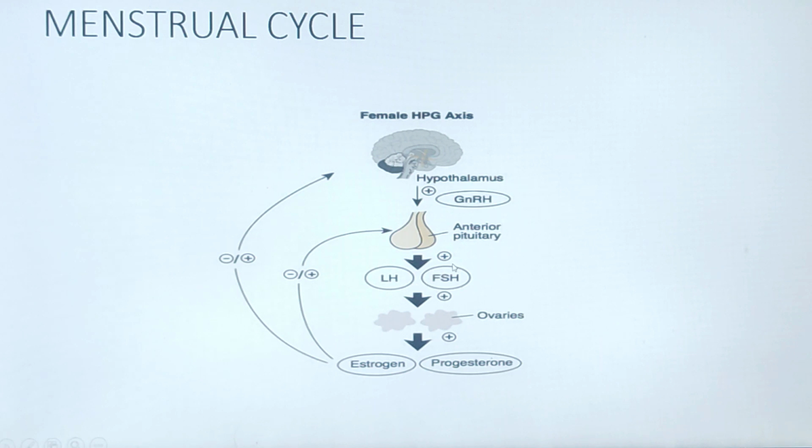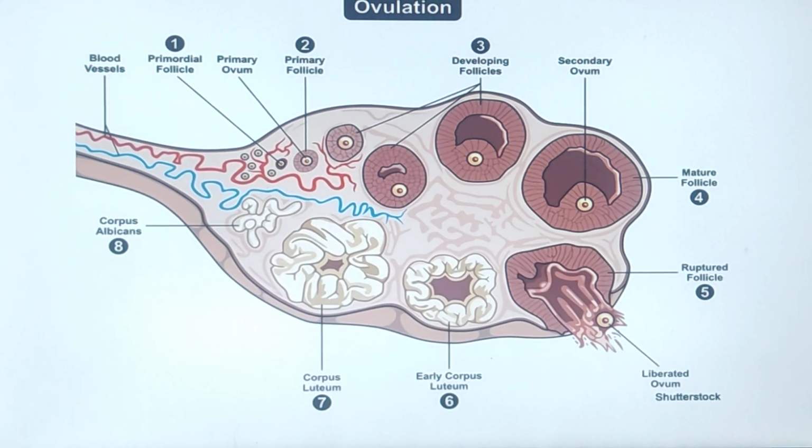Again, the follicular stimulating hormone stimulates the ovaries of the female reproductive system, which release two types of hormones, estrogen and progesterone. This is the internal structure of the ovary, and there is a starting development of the primordial follicles.